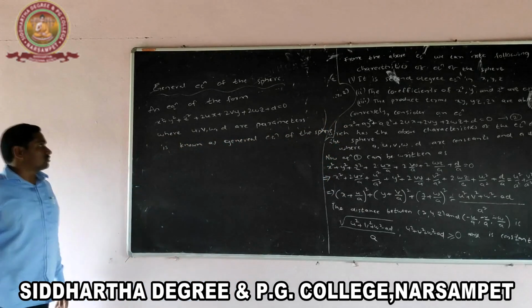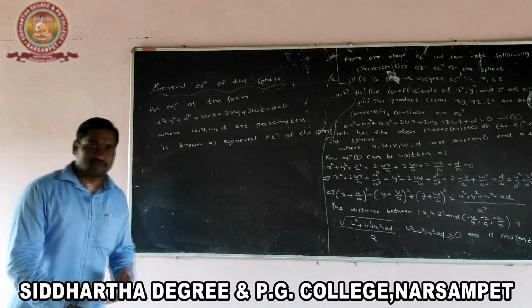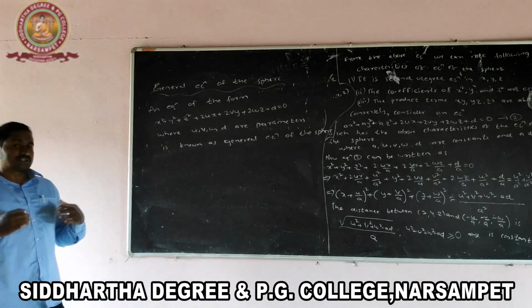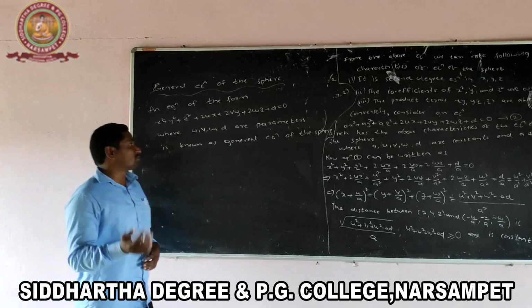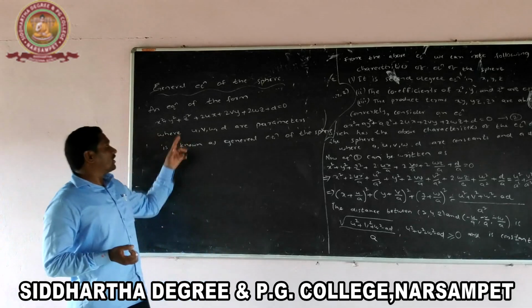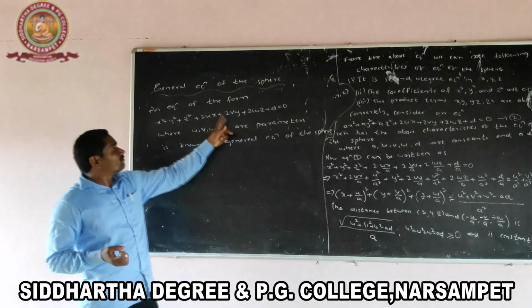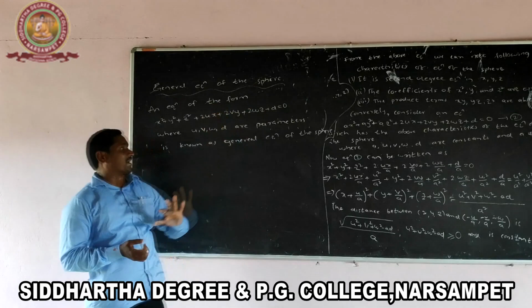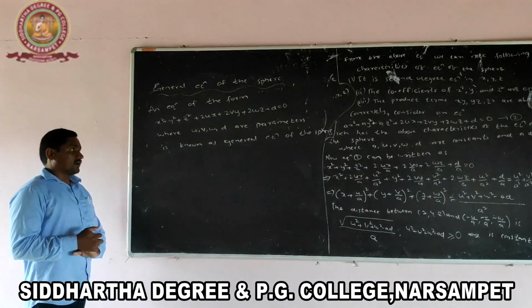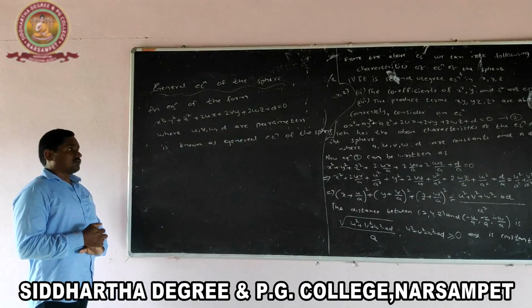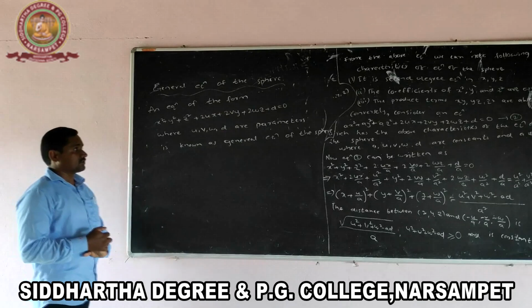Right? So an equation of the form x square plus y square plus z square plus 2ux plus 2vy plus 2wz plus d equal to 0, where u, v, w, d are any parameters, is known as a general equation of the sphere, right?